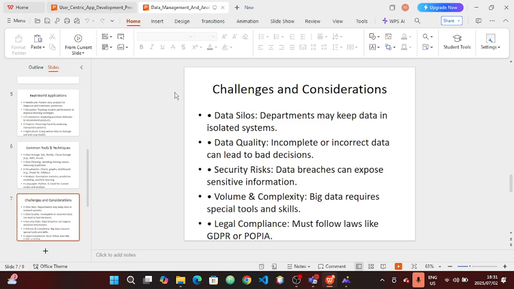Security risk: data breaches can expose sensitive information. Volume and complexity: big data requires special tools and skills. Legal compliance: must follow laws like GDPR and the POPI Act.